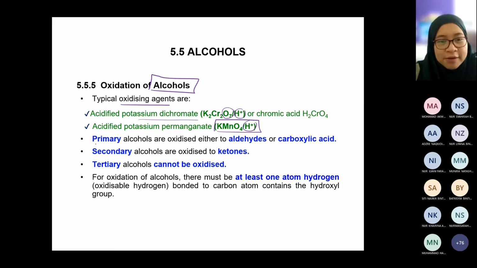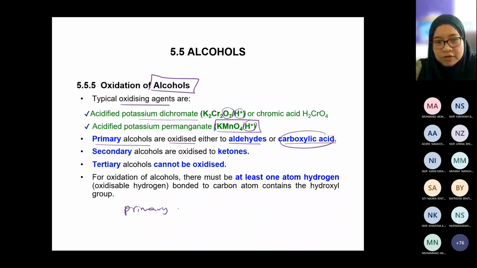Okay, so when you have primary alcohol and it undergoes oxidation, it will produce aldehyde or carboxylic acid. Primary alcohol will produce aldehyde ataupun sebab dia very strong, okay, dia akan directly oxidize to carboxylic acid sebab dia very strong oxidizing agent. Dia macam ni.